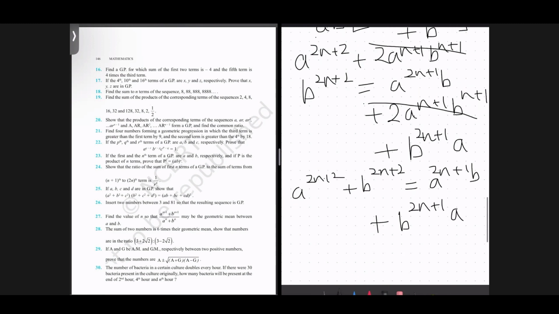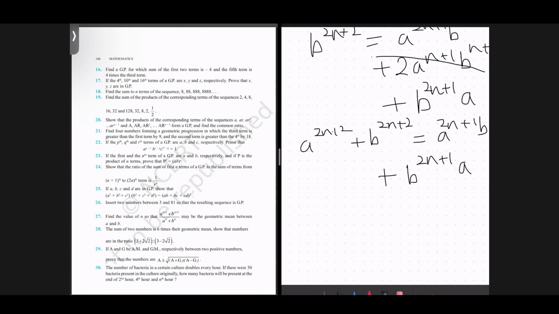Correct. Now, what you now do is you take b raised to the power 2n plus 2 and take that term into the RHS and take this term a raised to the power 2n plus 1 b into the LHS. Why should you do that?